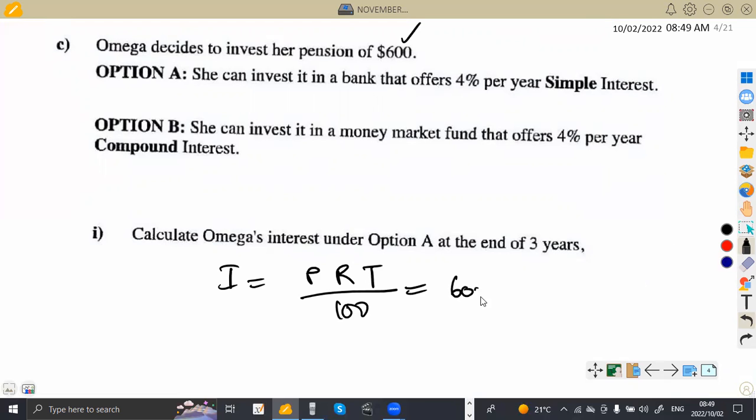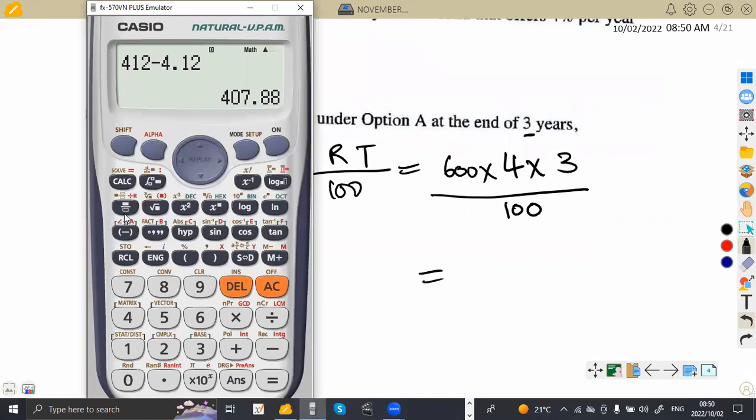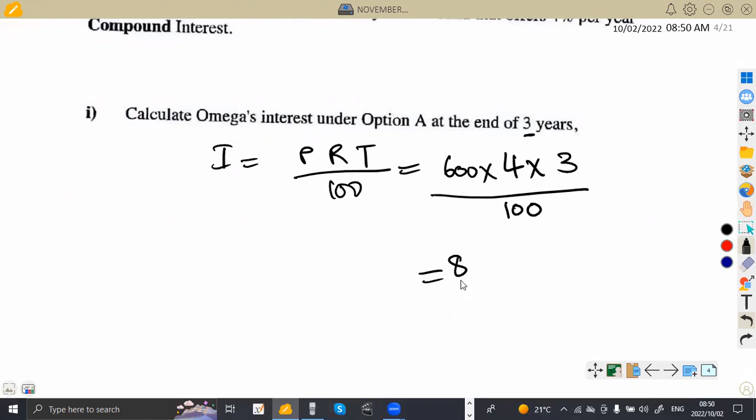So it's 600 times the rate, which is 4%, times the time, 3 years, over 100. From this part, we can simplify everything: 600 by 4 by 3 over 100 gives us $72. So she can get an interest of $72.